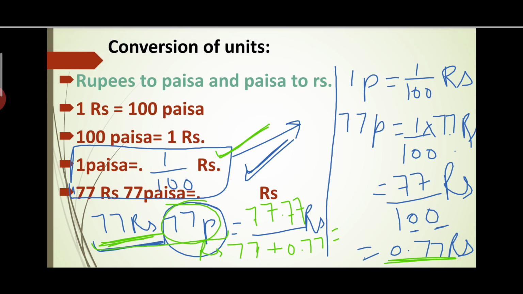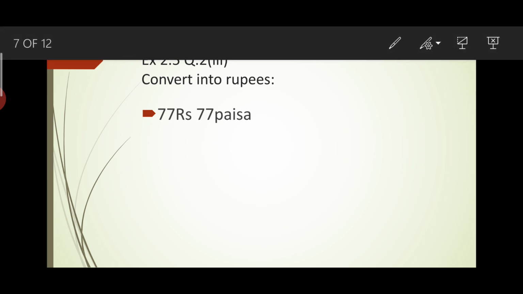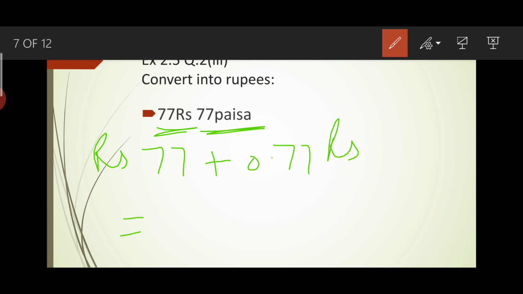Now moving on to the next slide, this was your question that we have done here. How will you write this question? As 77 rupees as it is, plus 77 paisa, and in the previous slide we found how many rupees we got for 77 paisa: 0.77 rupees. So if you add both these values, how will you add these? 77 rupees you have written as it is, plus, if you are having a decimal number, you will not add it like this 0.77. This is wrong.